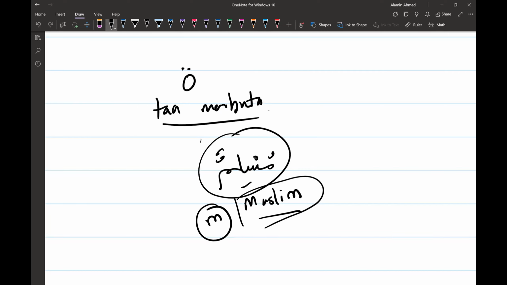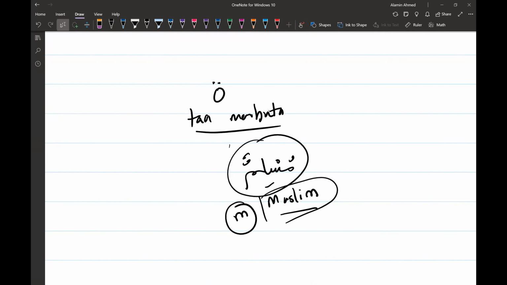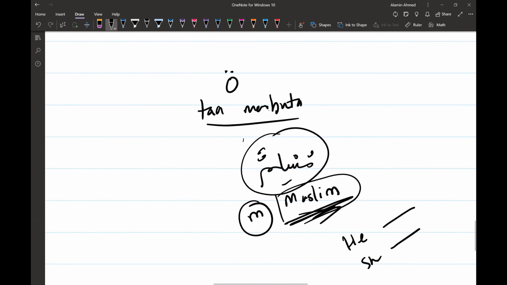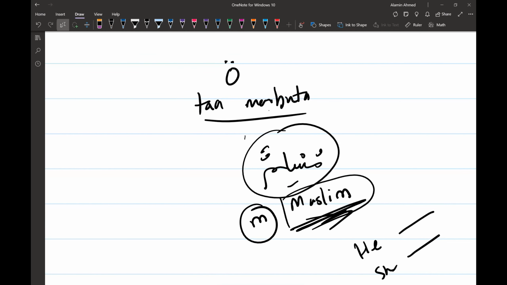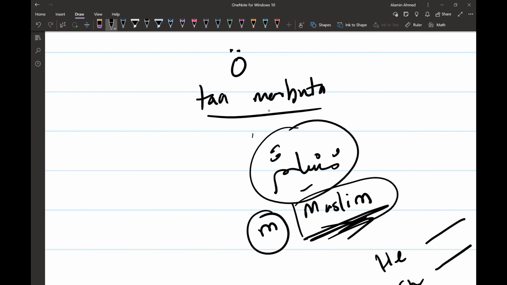How would we address or talk about a Muslim female? Because in English, as I said, we don't have to do anything. I can just say he is a Muslim or she is a Muslim, right? In Arabic, we have to make this distinction. So I just wanted to bring this tamarbuta concept, something we can add or remove just to change the gender as we see fit.